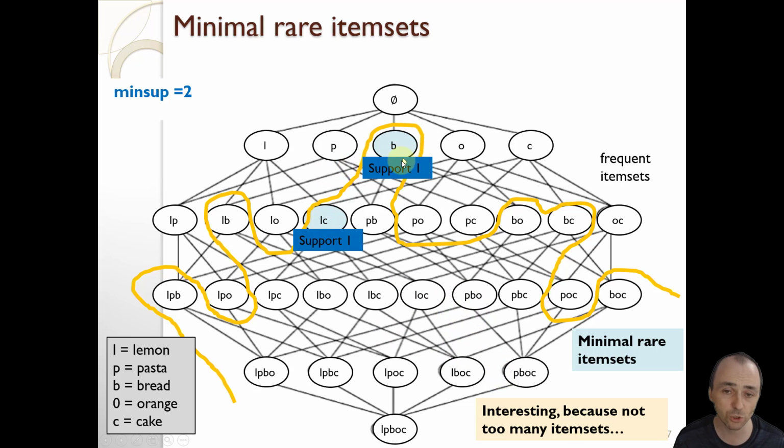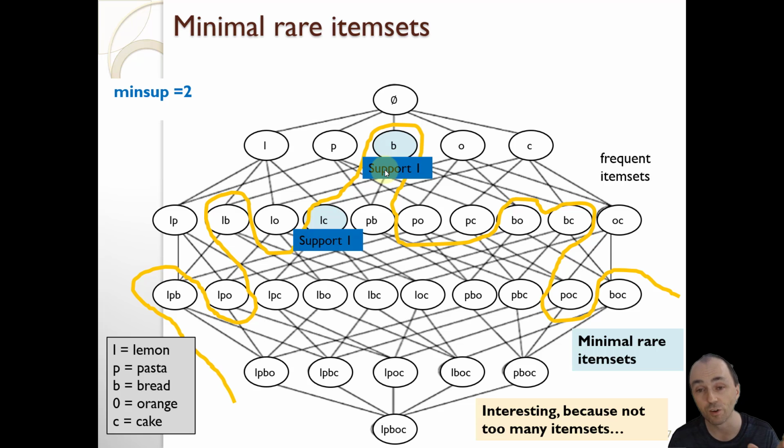Here I show you the support also in this picture. Bread and lemon cake have a support of 1. So this is interesting. In my example, we find only 2 minimal rare item sets, so we don't find a lot.